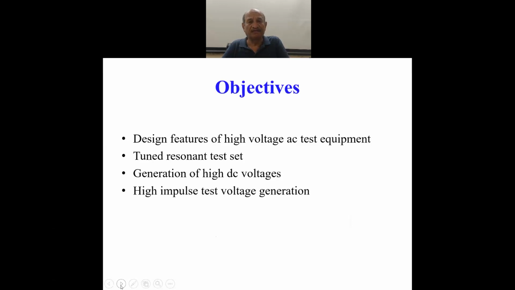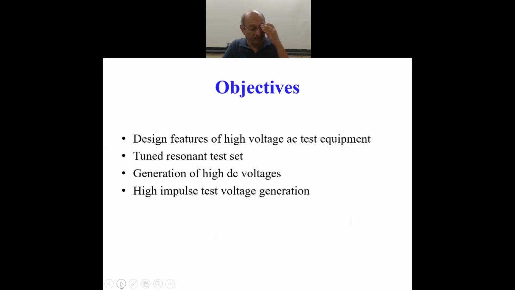And how do you test at a remote place with high voltage? There, DC test sets are required, because with DC testing, no charging current would be there. So the current rating reduces considerably, and the size of the equipment reduces furthermore. That is what is required.